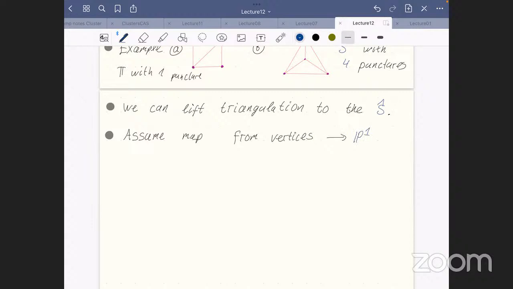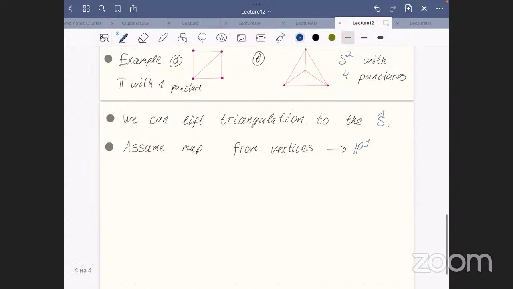But for the reason which will be clear in a minute, I assume that this map goes not from vertices of the triangulation of S, but from the vertices of the triangulation of S hat.